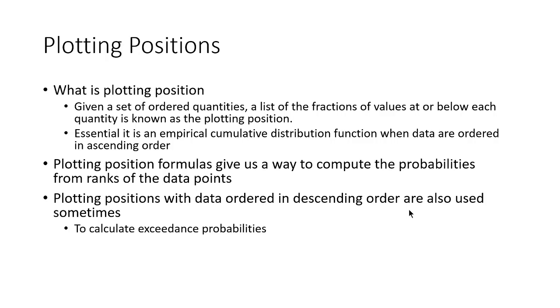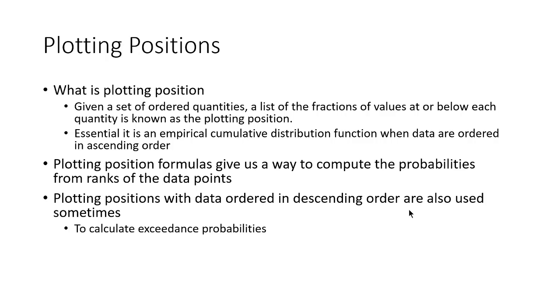So what's a plotting position? I've been using this word plotting position too many times. A plotting position in statistics is defined as a set of ordered quantities and a list of fractions. For a given set of ordered quantities, we find a corresponding fraction of values at or below which the quantity is known as the plotting position.